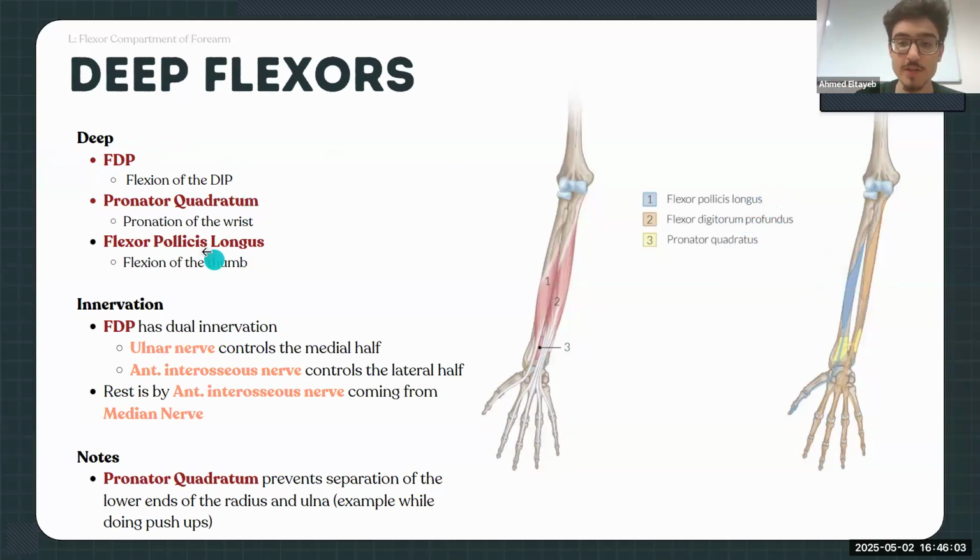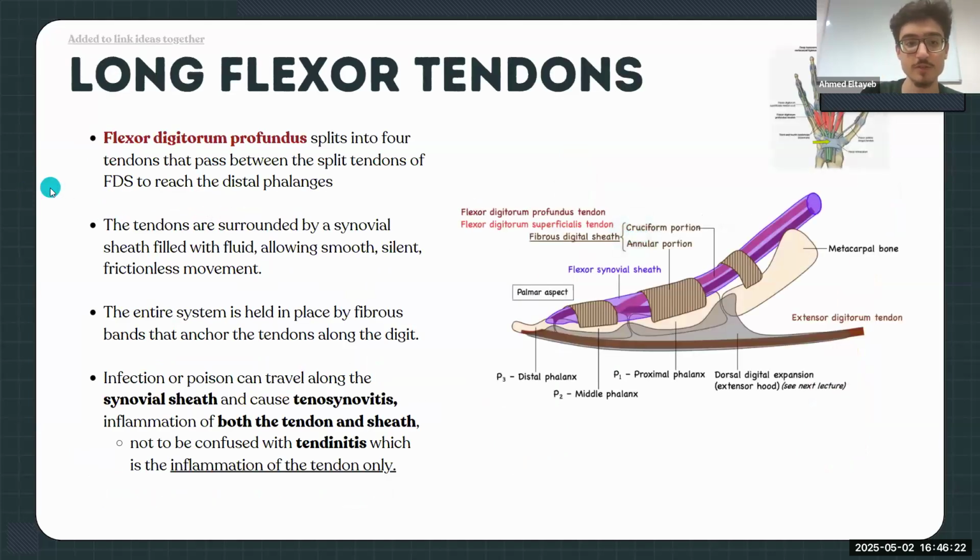Pronator quadratus is called that because it has four borders and does pronation. And flexor pollicis longus will flex your pollicis, which is your thumb. And because you have a longus, expect a brevis somewhere coming forward.